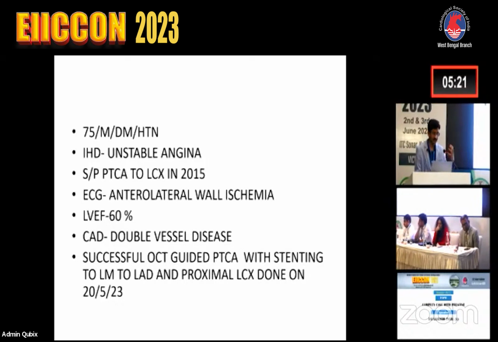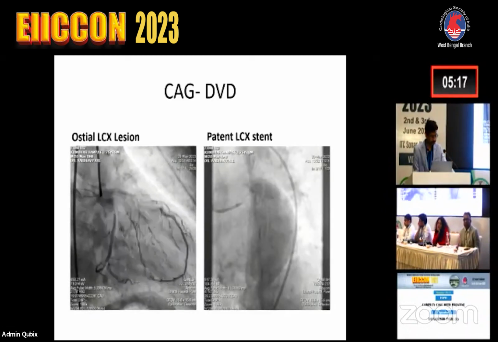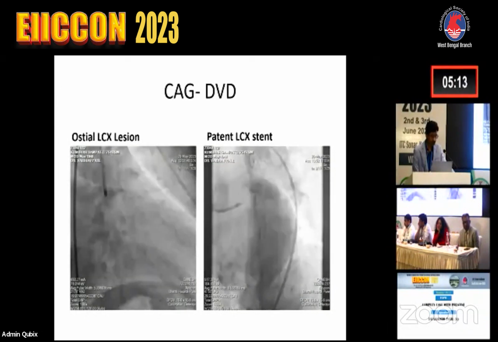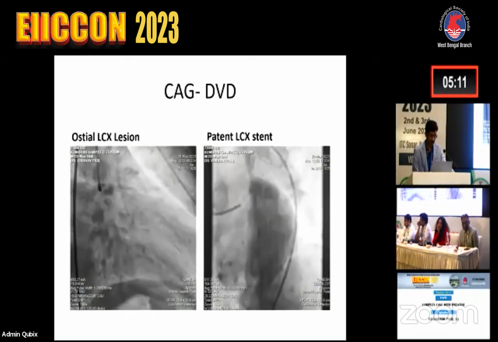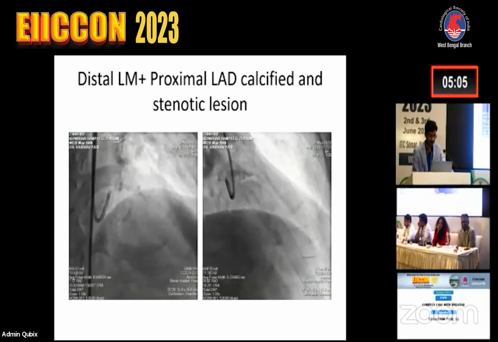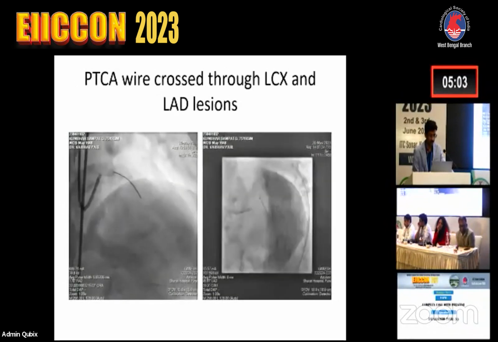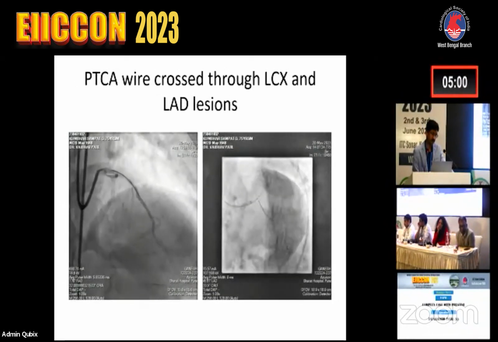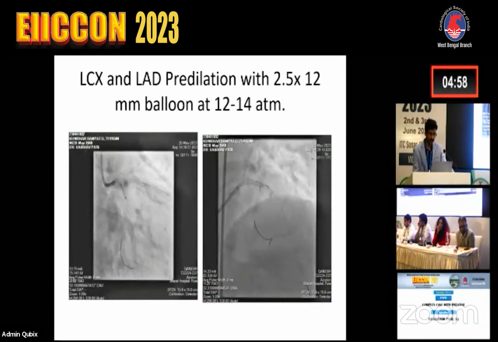He is so symptomatic, and the proximal LAD and ostioproximal LCX were diseased. This angio was done outside. So I have done angio again, and the previous stent was patent. So we decided to do bifurcation stenting. So LAD and LCX stent was put.